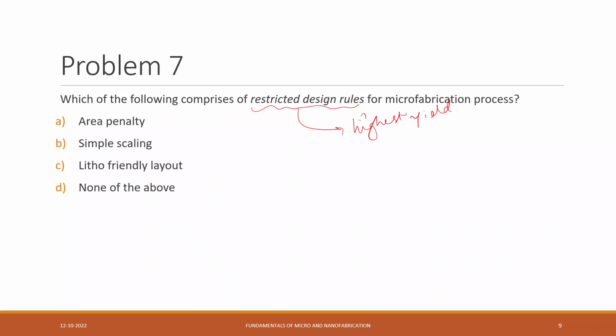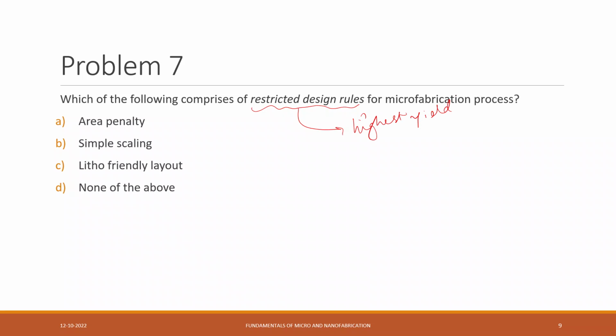With the highest yield, it means you have to get more devices from a smaller wafer, so you have to use the surface area through most of it.